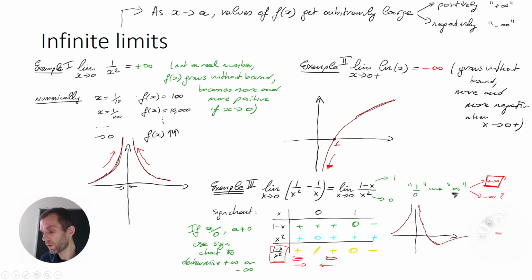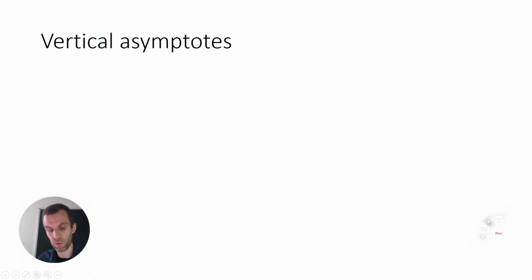So closely related to infinite limits is the notion of vertical asymptotes. And here we can start with the definition.